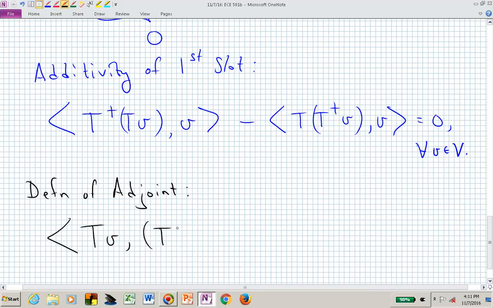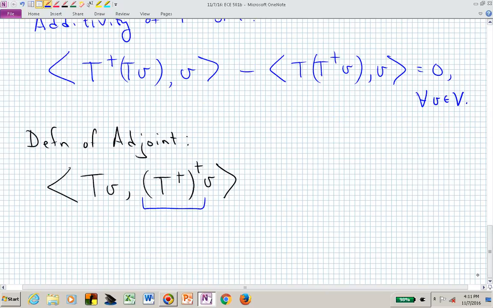Or we now have T dagger dagger applied to V. That's the definition of the adjoint. But that actually allows us to simplify. What's T dagger dagger?